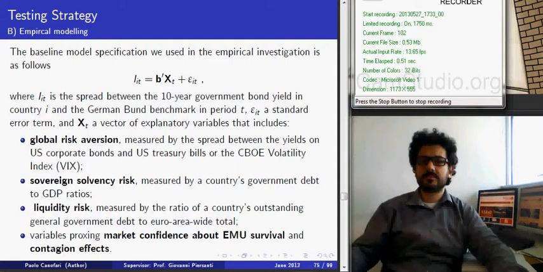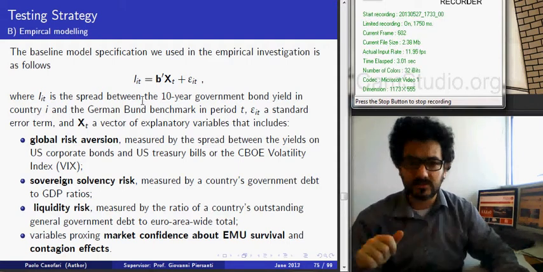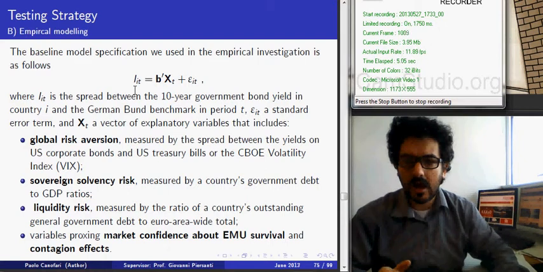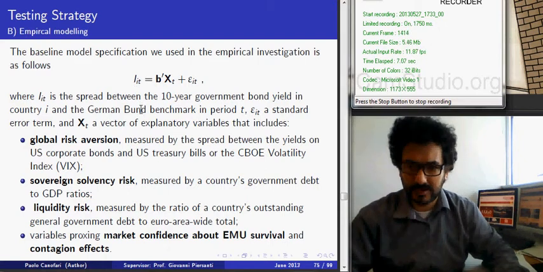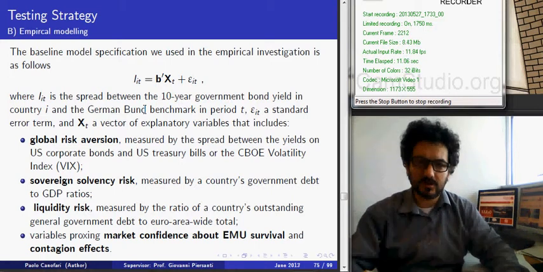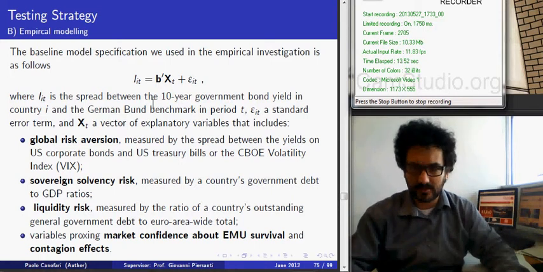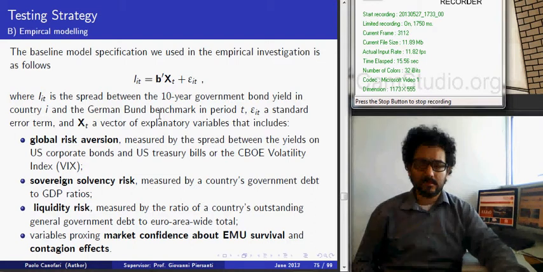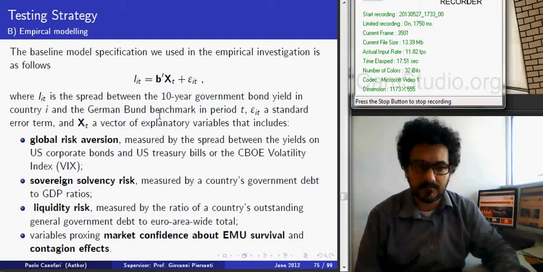Our model specification can be described using this equation, where I_it is the spread between the 10-year government bond interest rate of country i and the relative German bond.